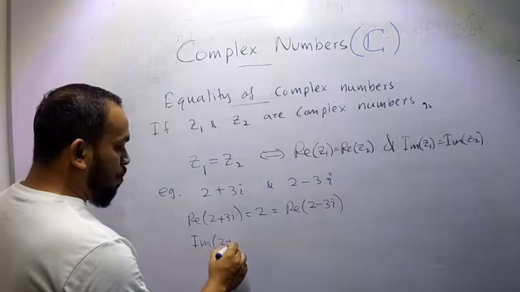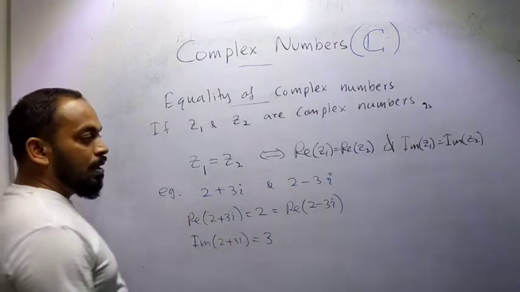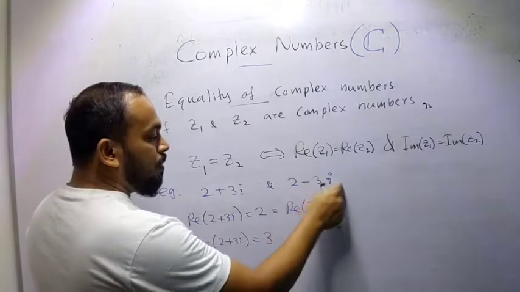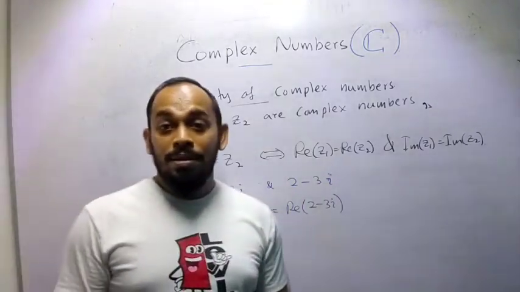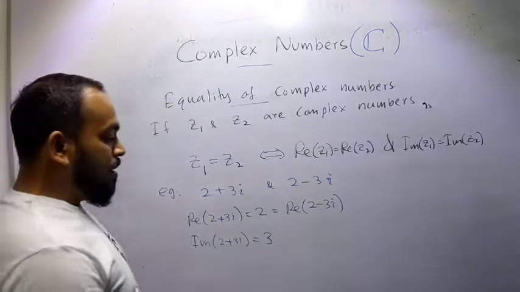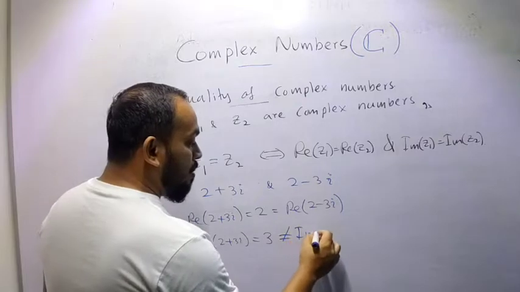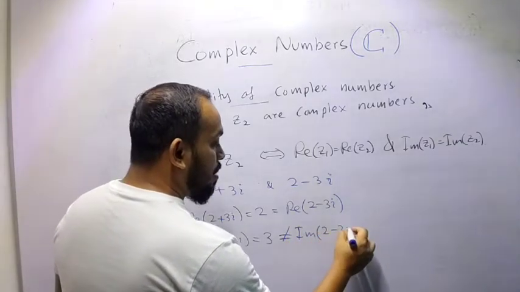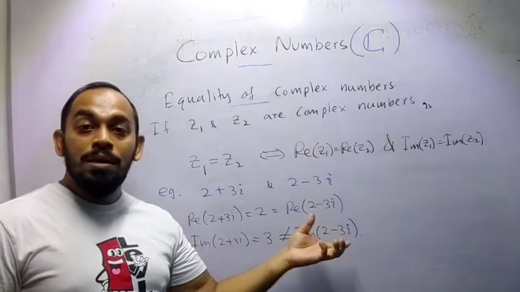The imaginary part of 2 plus 3i is 3, and the imaginary part of 2 minus 3i is minus 3.